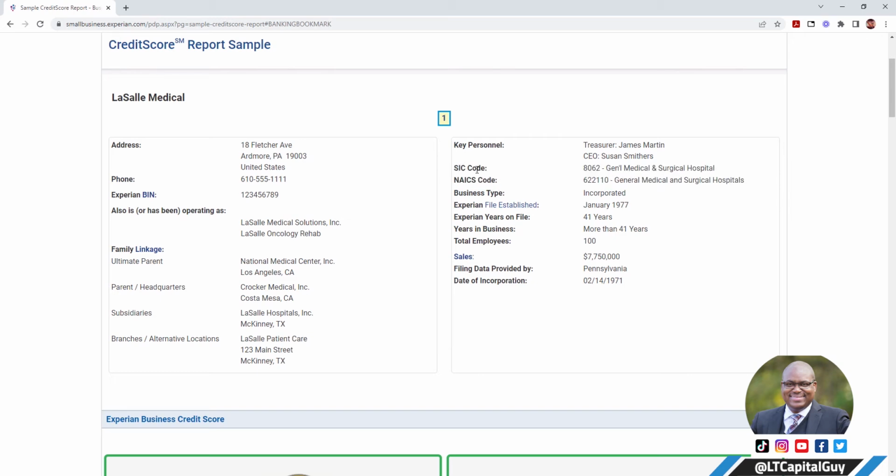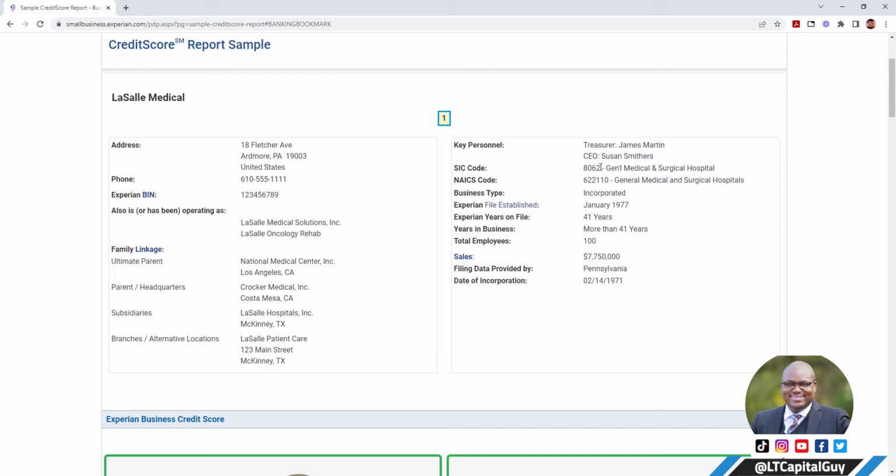SIC stands for Standard Industry Code or Standard Industry Classification, and it is a unique industry classification code for your industry. So, let's say you have an auto dealer company, your SIC code would be specific for that type of business.